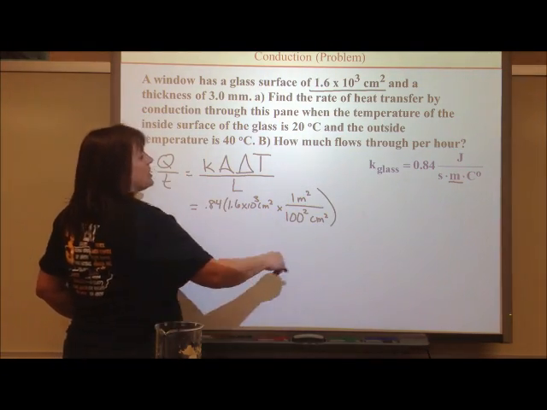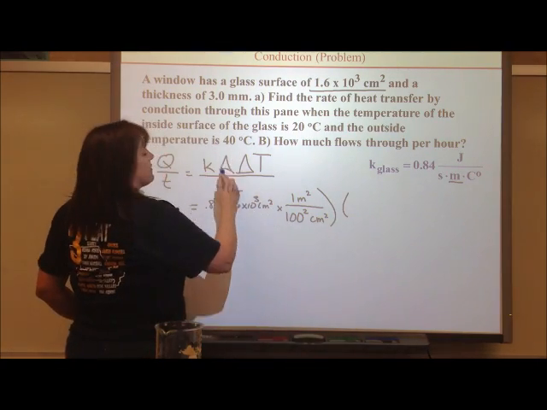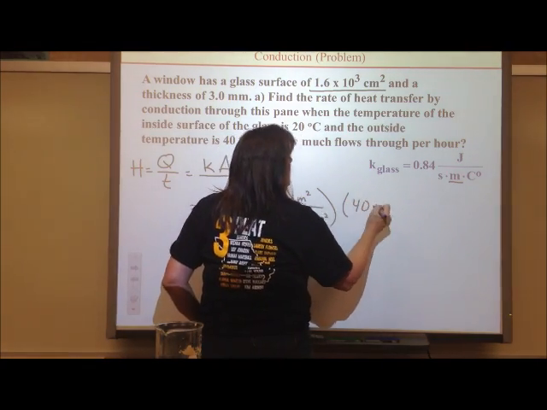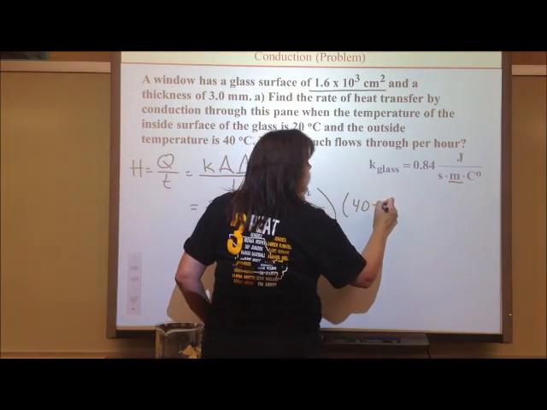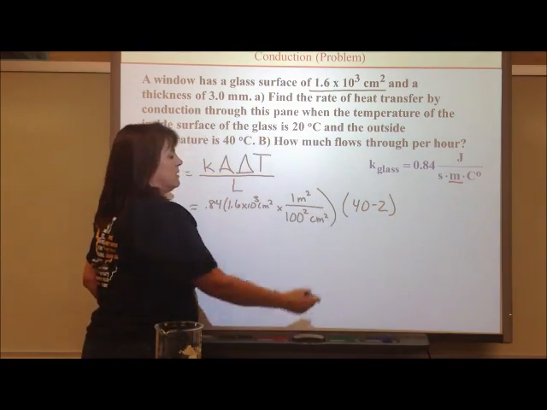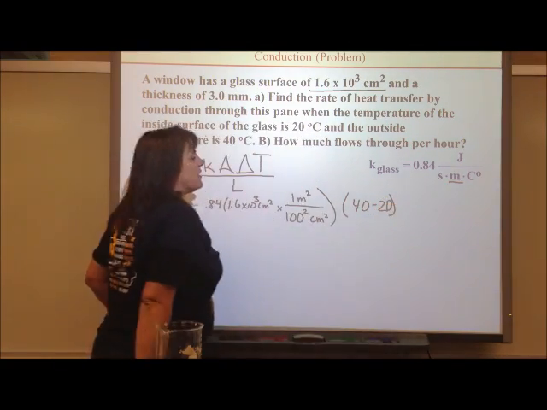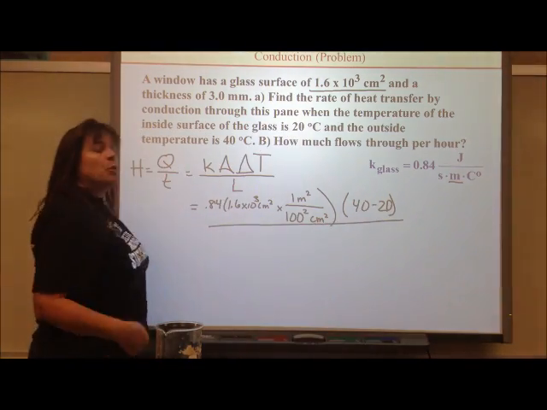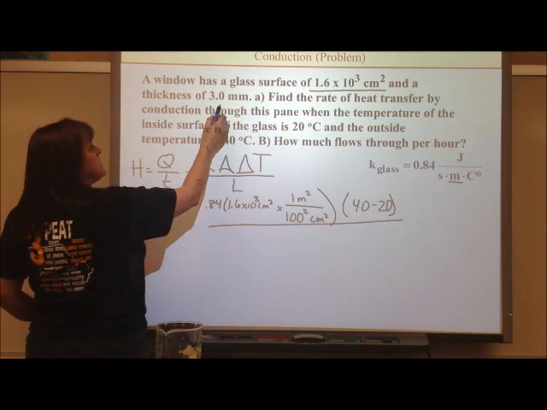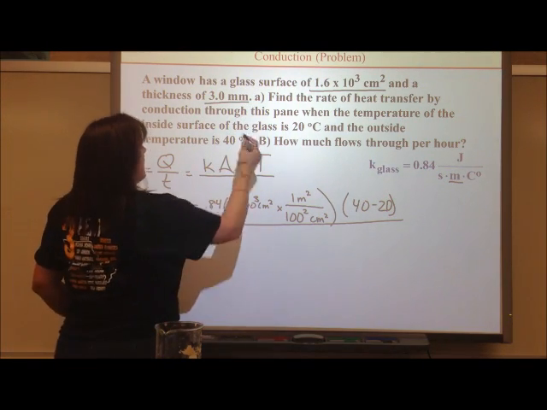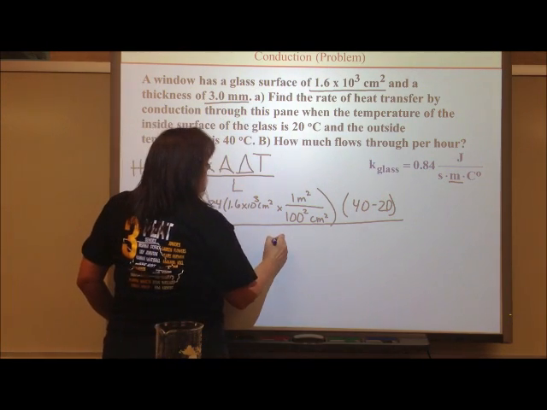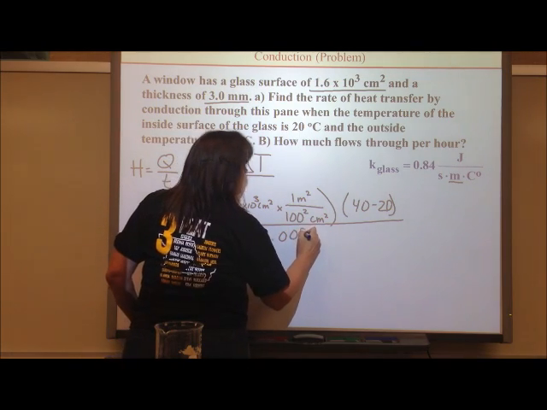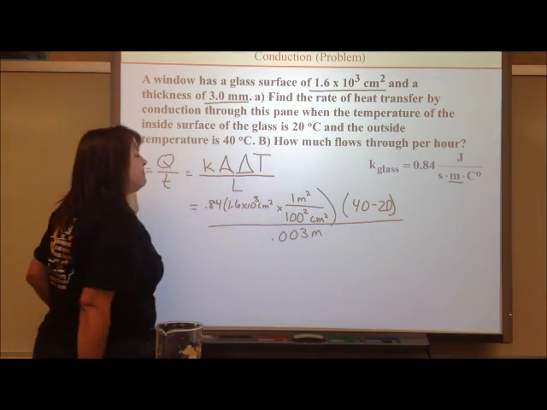Our change in temperature, outside it's 40 degrees, inside it's 20 degrees, so my actual delta T is 20 degrees, and then I need to divide by the thickness. Again, I need to be working in meters. This is in millimeters, so I need to move that decimal over 3 places, and that's 0.003 meters.